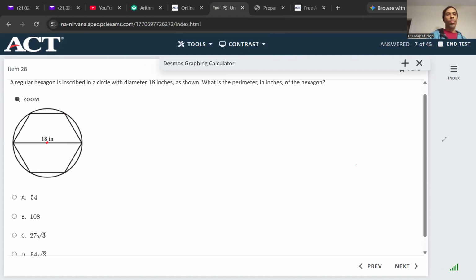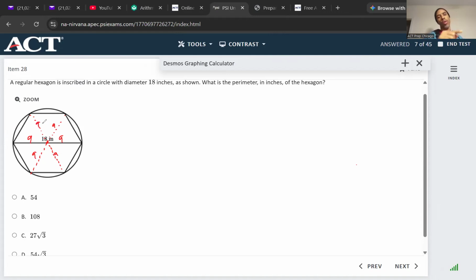The radius is 9 for each side. The radius is from the center to a point on the circle, which also happens to be a vertex of the hexagon. So all of these are also 9.